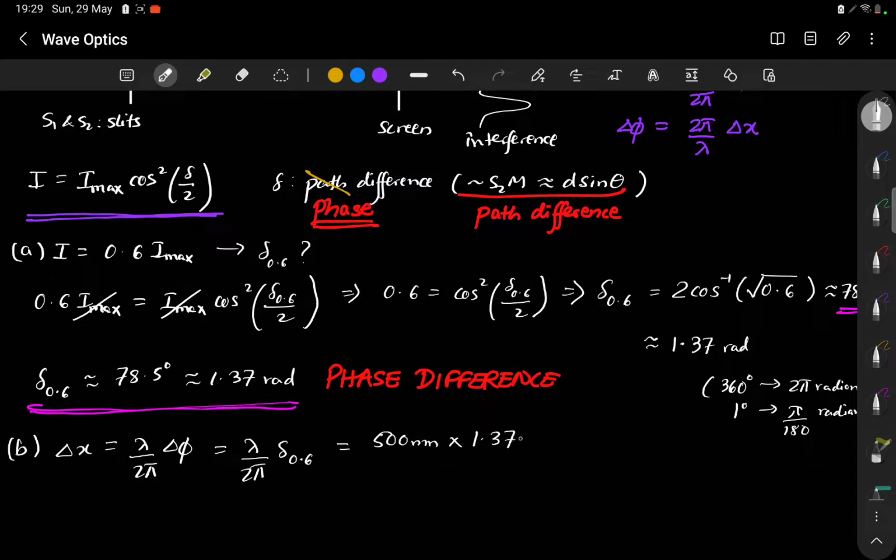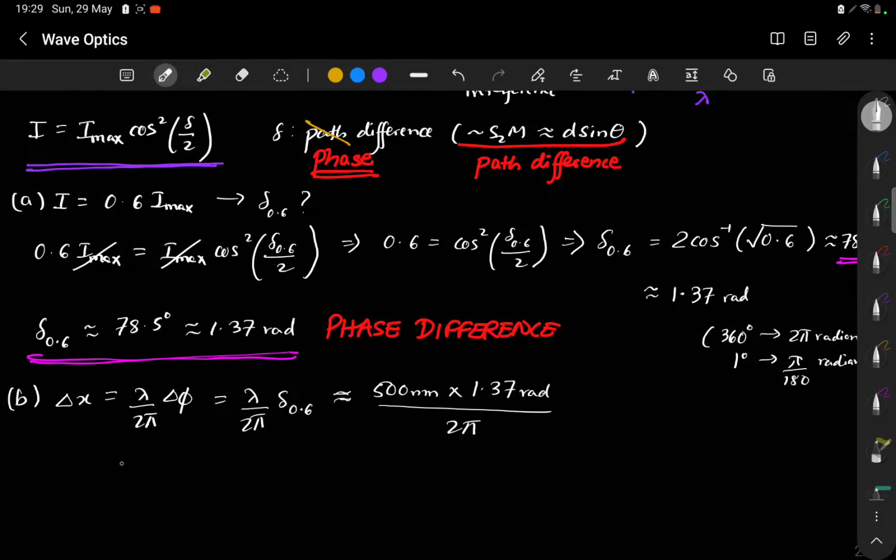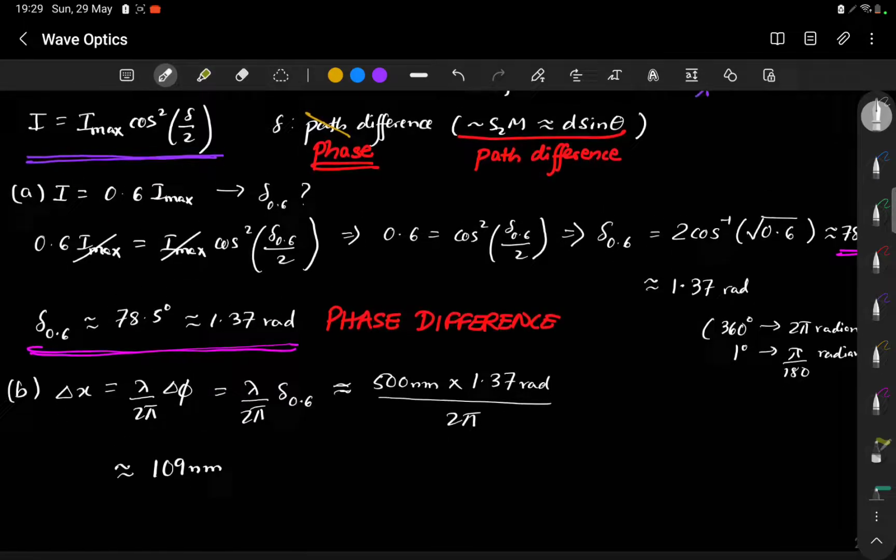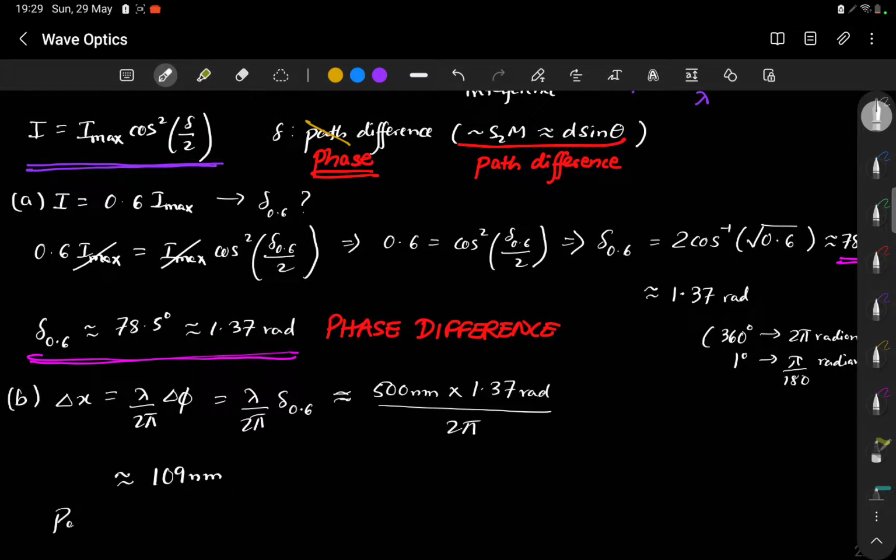In part A we found that the phase difference is approximately 1.37 radians, divided by 2 pi. This gives path difference approximately 109 nanometers. So path difference is approximately 109 nanometers.